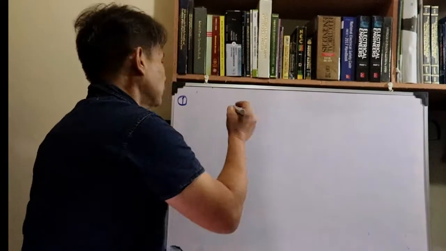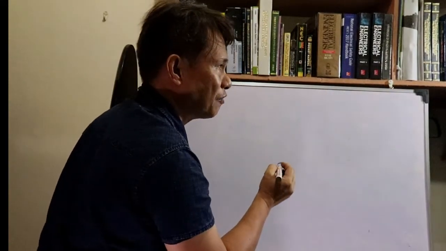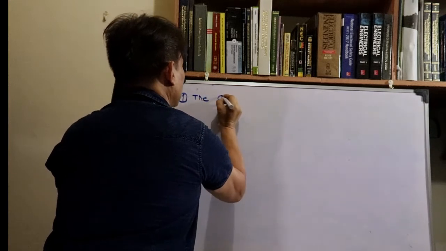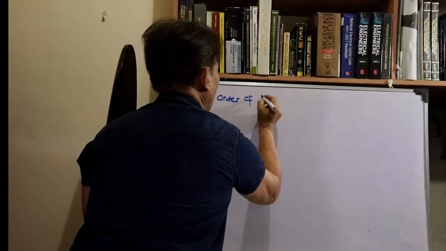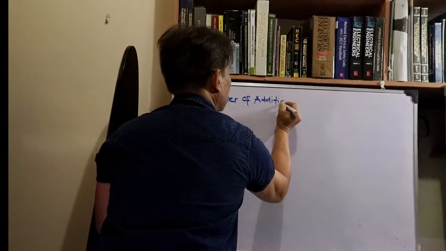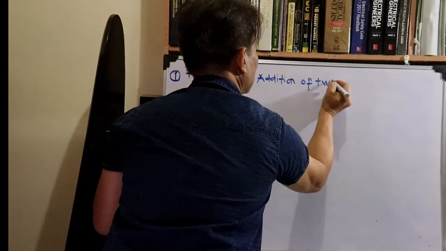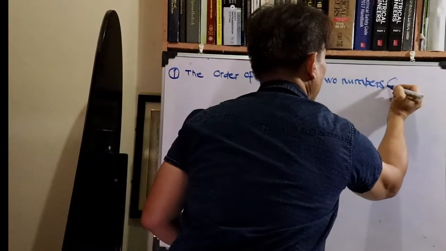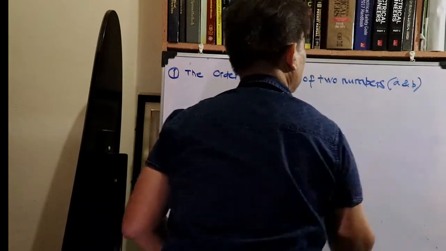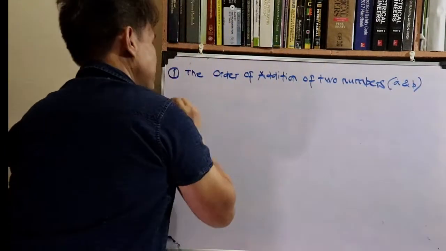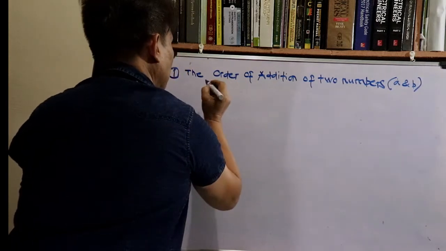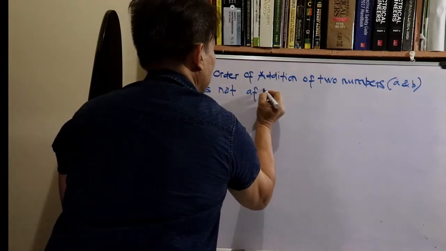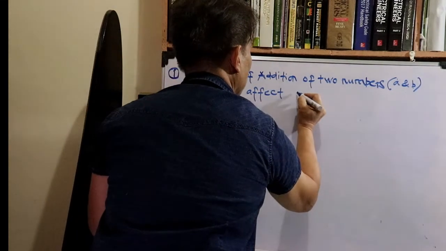Now, this number 1, the commutative property of addition, is meant to say that the order of addition of two numbers, shall we say A and B, does not affect the result.